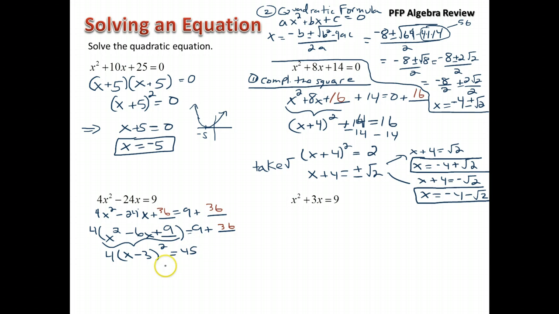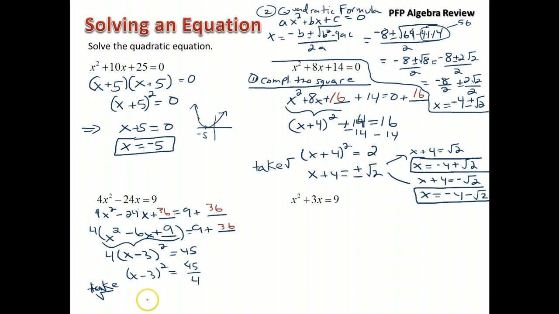And now we can solve this by dividing by 4 first. And then taking the square root like we did previously. The square root of 45 over 4. So we're going to take the square root now.